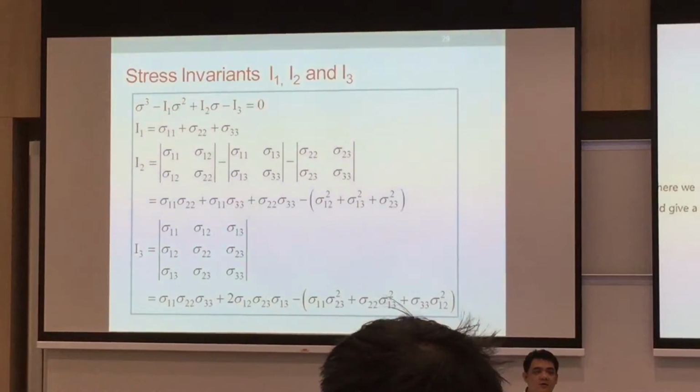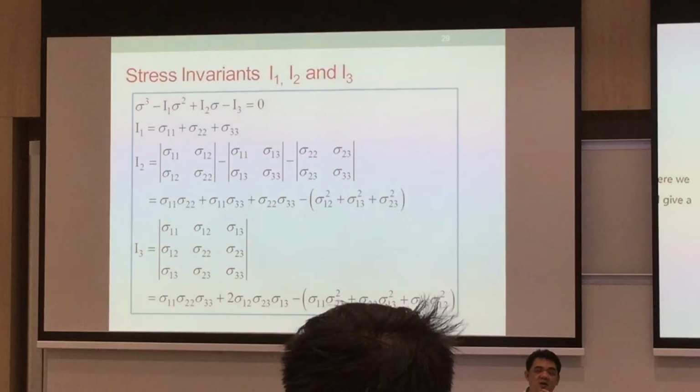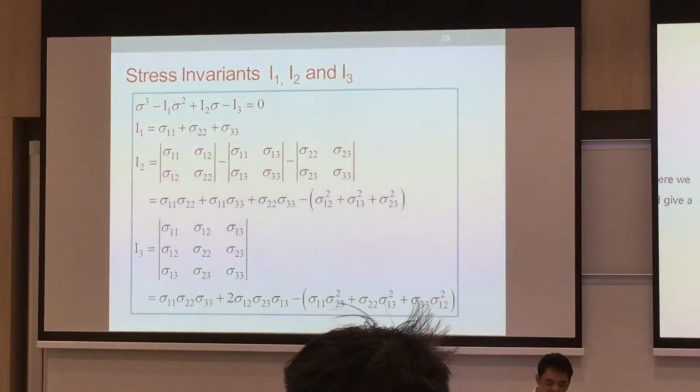Okay? So from here, you will now be able to determine your principal stresses, knowing that you have one of the roots already. That makes it easier. There are so many ways to calculate this quadratic equation once you know this one.